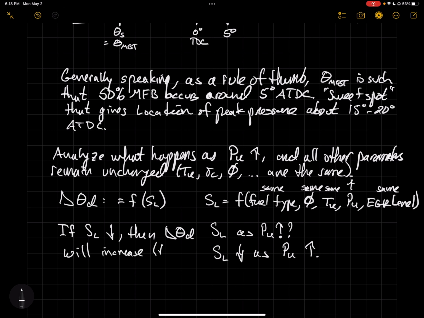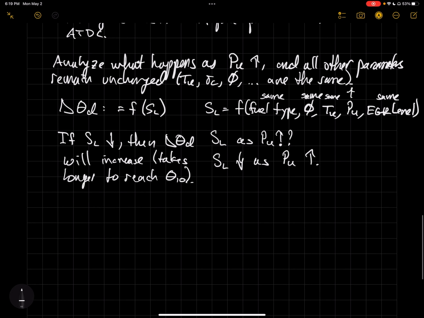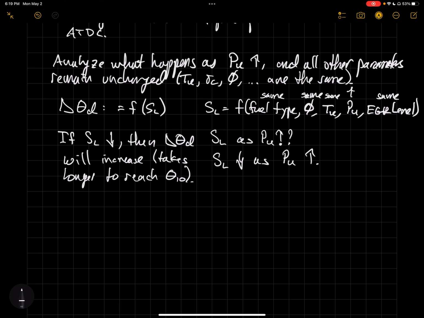In other words, it takes longer to reach 10% mass fraction burned. Okay, so I know that my delta theta D then is going to be longer as a result of me increasing the unburned gas pressure, just basically boosting my engine, increasing the pressure of the mixture.